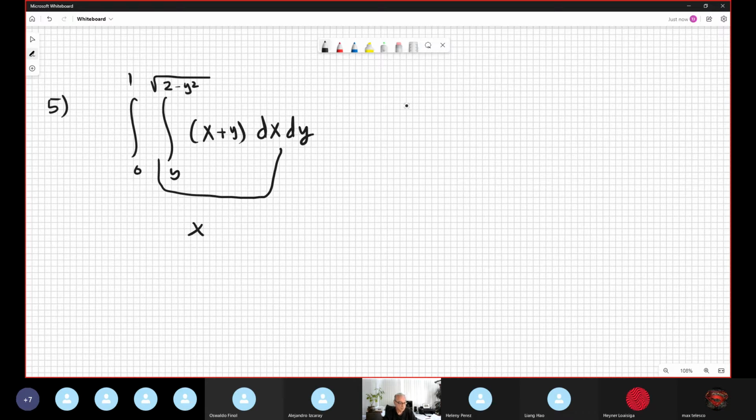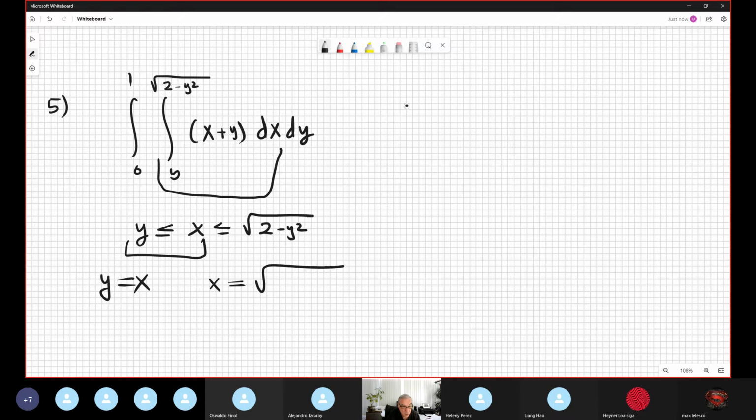Therefore, x varies from y to the square root of 2 minus y squared. Here I separate the equations. y equals x, it's a line, good. And the second is x equals the square root of 2 minus y squared.